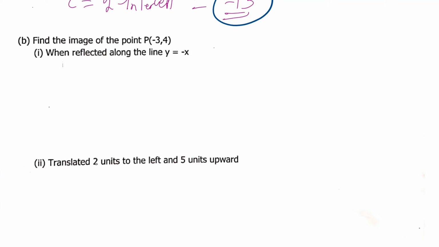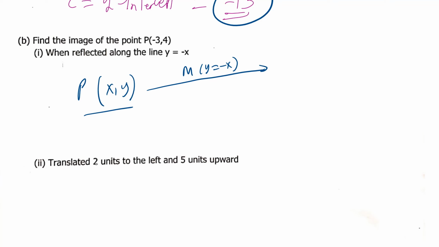So when you do reflection along the line y equals negative x, we know that when we reflect point (x, y), the result will be (negative y, negative x).